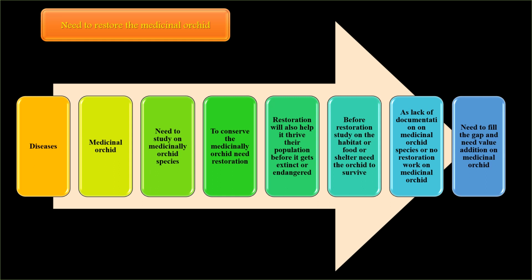Restoration will help their population thrive before they become extinct. Before restoration, we need to study their habitat, food, or shelter, and whom they give shelter to. It is like a chain.